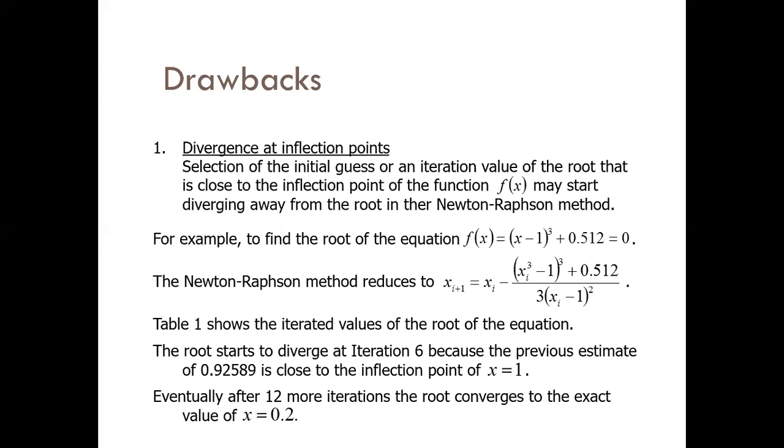For example, f of x is equal to (x minus 1)^3 plus 0.512 is equal to 0. The Newton Raphson method reduces to x(i+1) is equal to xi minus ((xi minus 1)^3 plus 0.512) divided by 3 into (xi minus 1)^2. Table 1 shows the iterated values of the root of the equation.